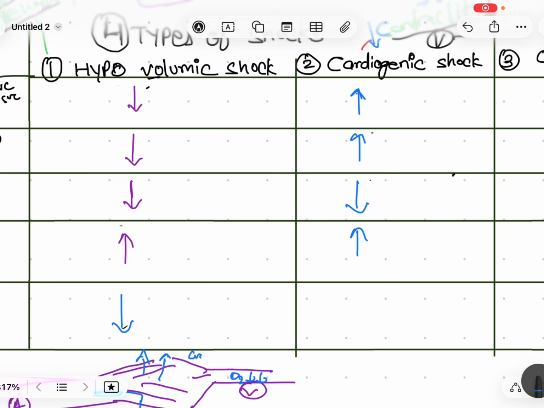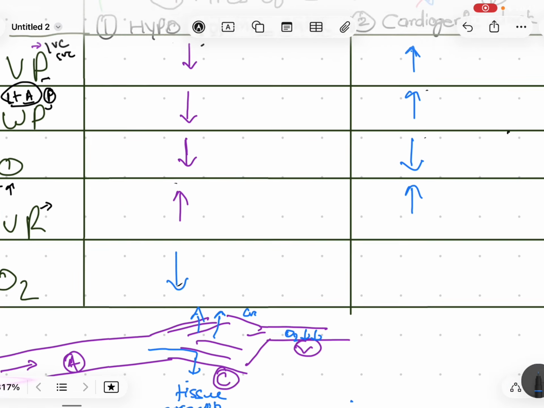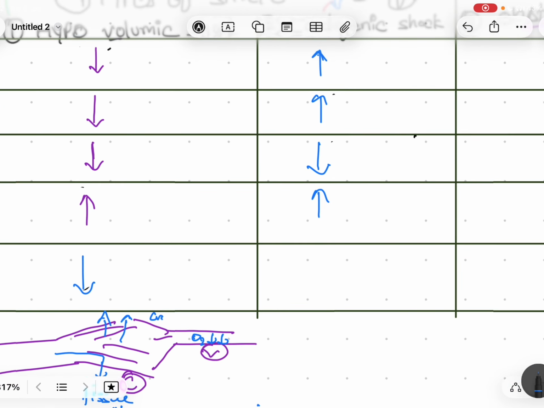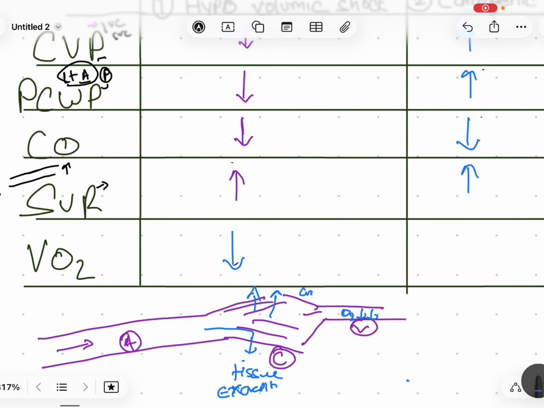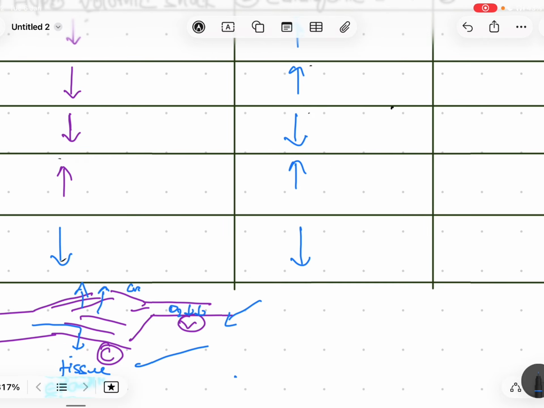So oxygen level is decreasing in the body. Same reason here, our body activates the SNS, sympathetic nervous system. It will send the message to baroreceptor. Baroreceptor increases resistance to supply the blood to the body. If we look at venous oxygen, it also decreases. Same reason, the tissue extracts more oxygen.